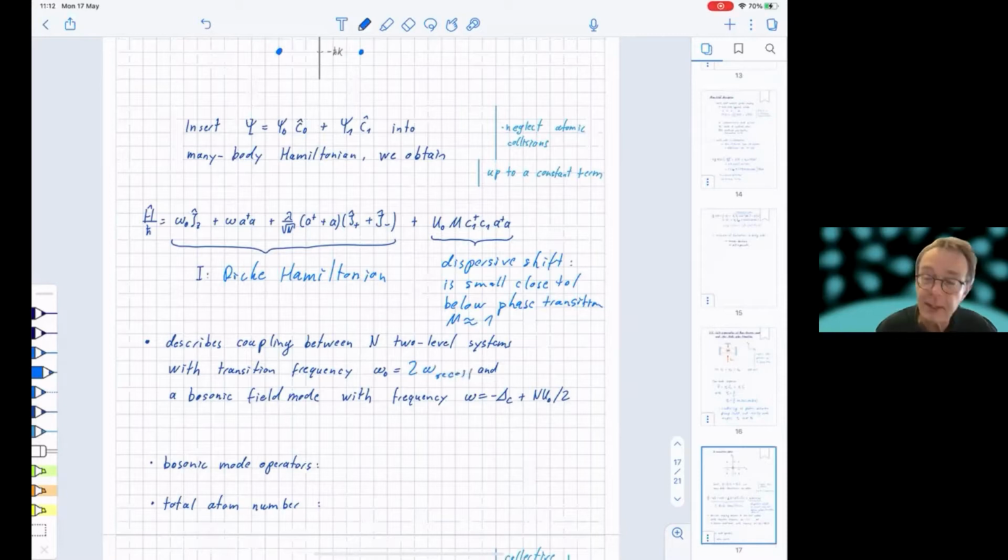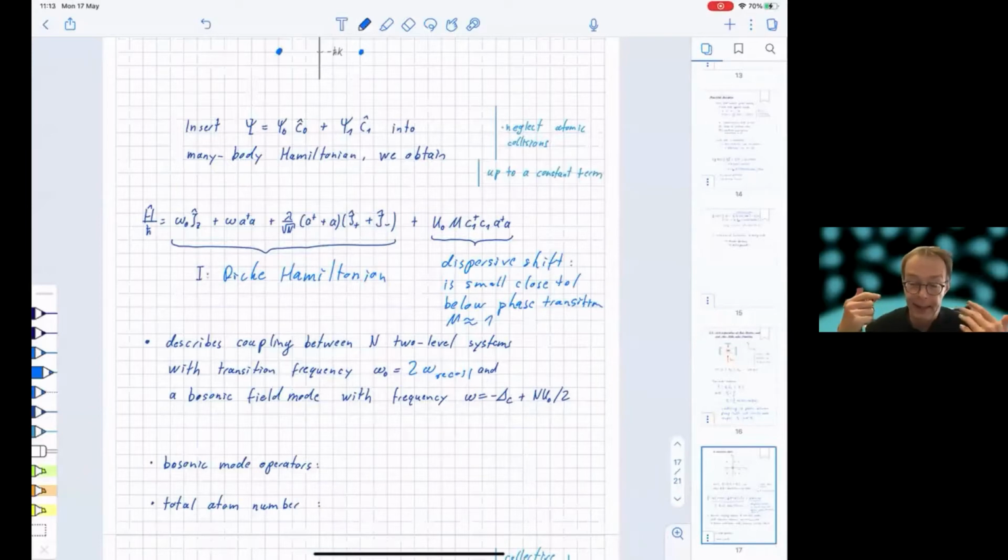And now you see the trick why this is such a nice realization of the Dicke model or the Dicke phase transition, because the Dicke phase transition basically says, well, what is happening if you drive a two-level system so strongly that your vacuum Rabi splitting is as large as the separation between the energies.